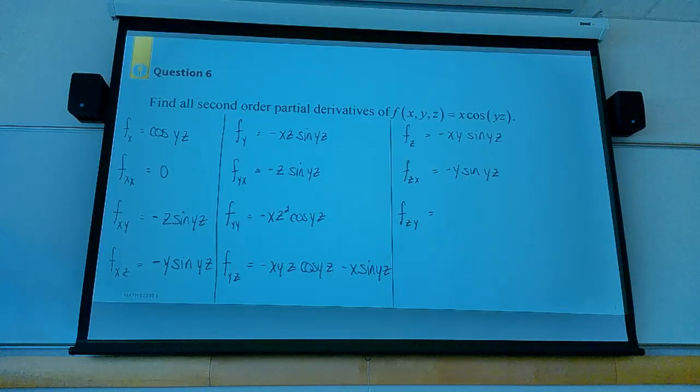That's what I had too: negative x z cosine yz. So you're looking at this one here, right? So partial of that with respect to y.